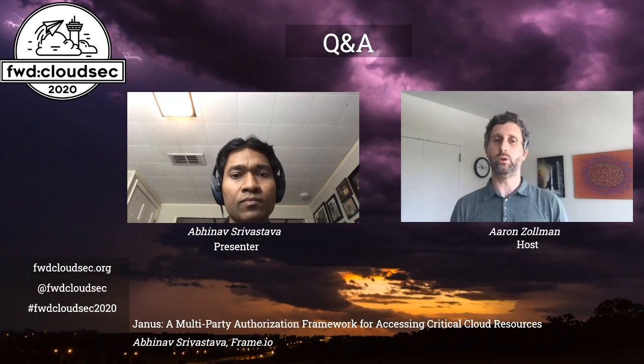And then I think the last question that I have is, how do you handle a break glass situation? This is a potentially complex system, and it's really important to prevent people from getting access to data. But if it goes down, what do you do to ensure that you have a way in if Janus is not working? That's a great question again. At the end, we do have 1 or 2 persons who still have access to those critical resources, and those people are high up in the leadership chain.